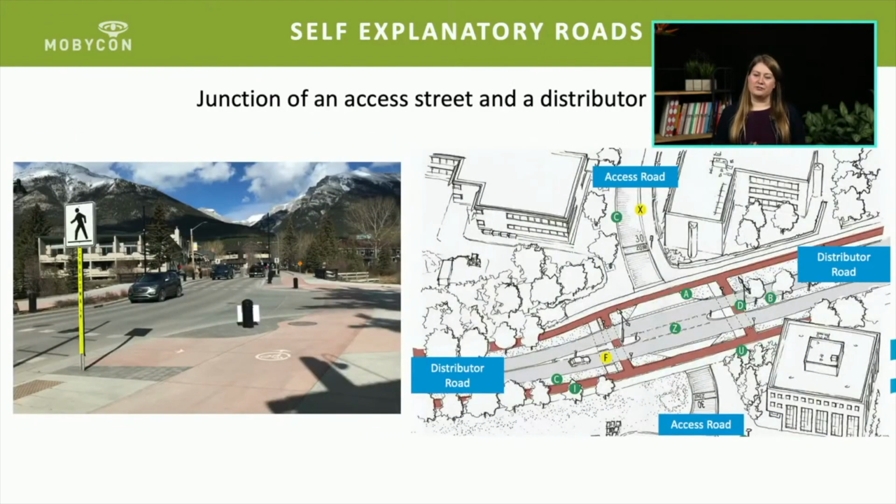When you have a junction of a distributor road and an access road, you really have to look at the point of conflict. So an access road really has the vehicles all mixed together, while on a distributor road, vehicles are separated from cyclists. At the point where they intersect, they all have to interact with each other, and it's best to do that at a slower speed than at a higher speed.